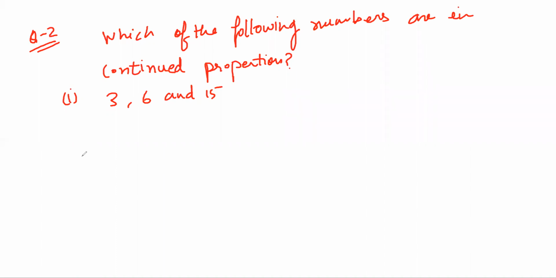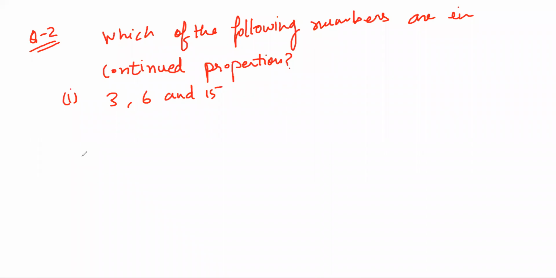Then Jatin has given the answer, but Jatin used an equal sign, you have not used the equal sign. Muhammad Talha, this is wrong, actually. In 3, 6, and 15, you have made a relationship between 1, 2, and 3.